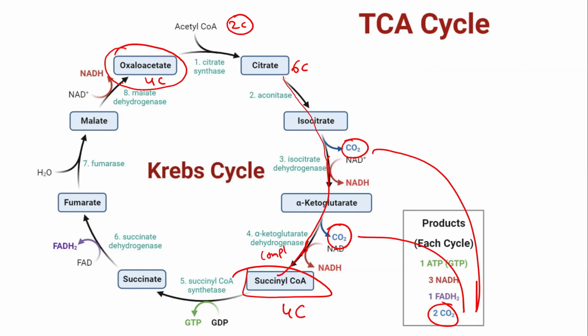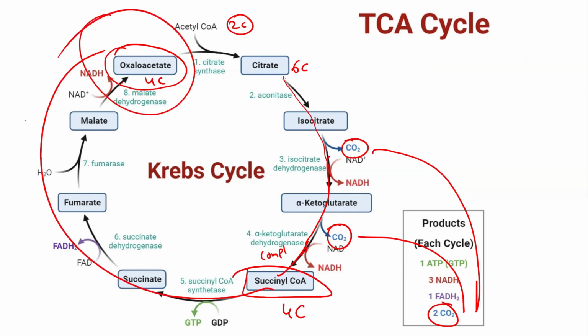And those 4 carbons eventually go and reform oxaloacetate again. My point here is, in the TCA cycle, oxaloacetate is not consumed. It is remade every time, regenerated every time. What is being oxidized is acetyl-CoA only. General point, not for exam, just for your understanding. Only acetyl-CoA is oxidized in the TCA cycle, nothing else. Okay? That is the point.